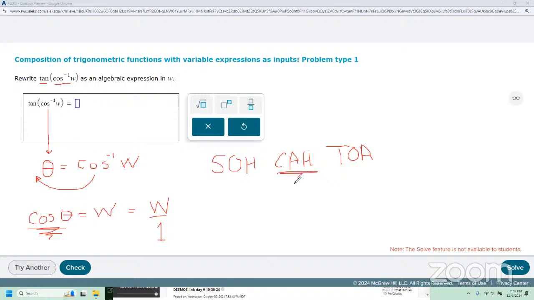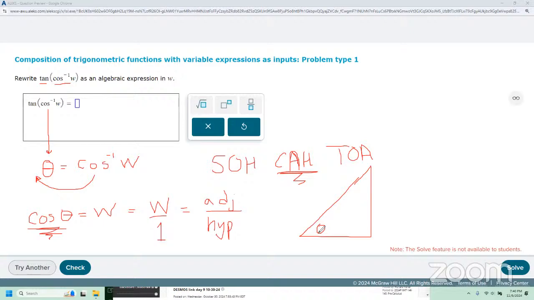CAH. CAH, right. So if that's CAH, then W must be equal to what? What does the A mean? That's the adjacent. And what does the H mean? Hypotenuse, right? So let me draw this triangle. And here's the angle theta.